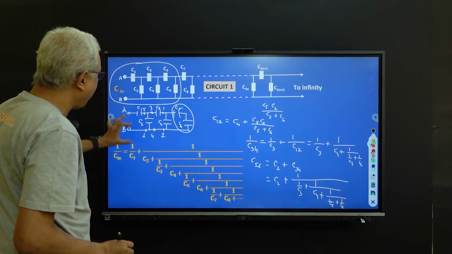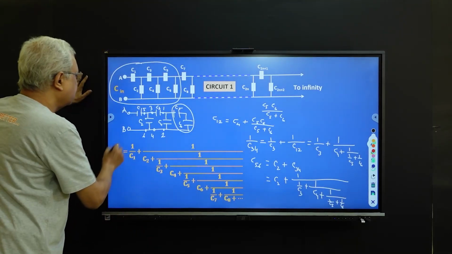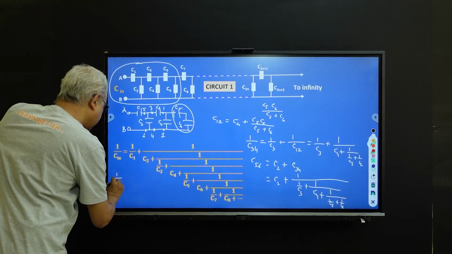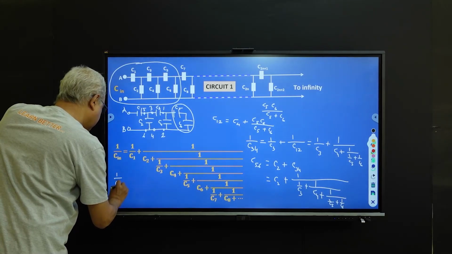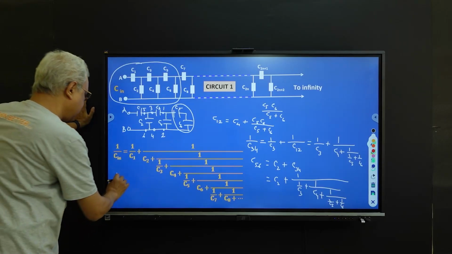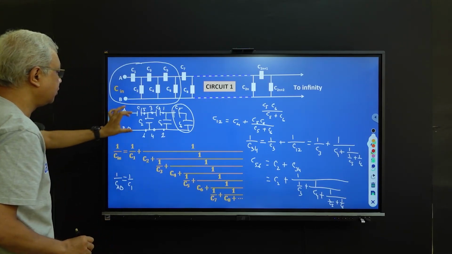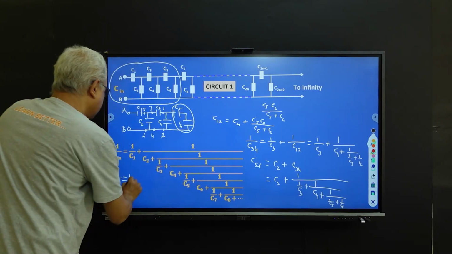Now this C56 and C1 are in series combination, and therefore the equivalent capacitance between A and B, if I call it CAB, then 1 by CAB is equal to 1 by C1 plus 1 by C56.